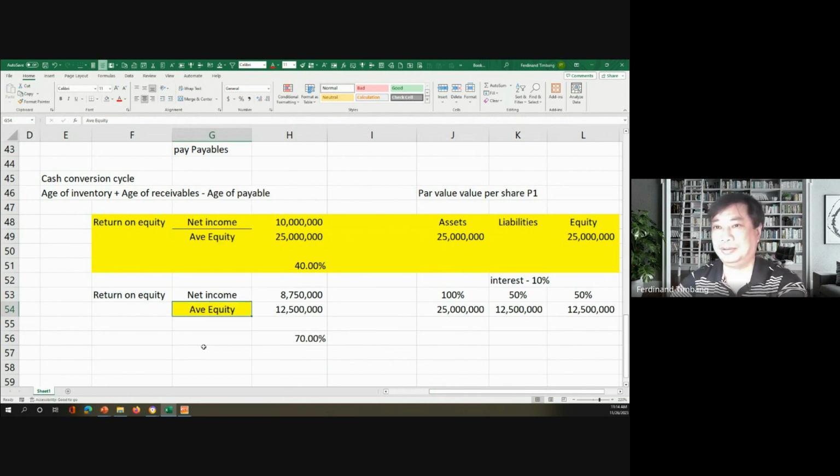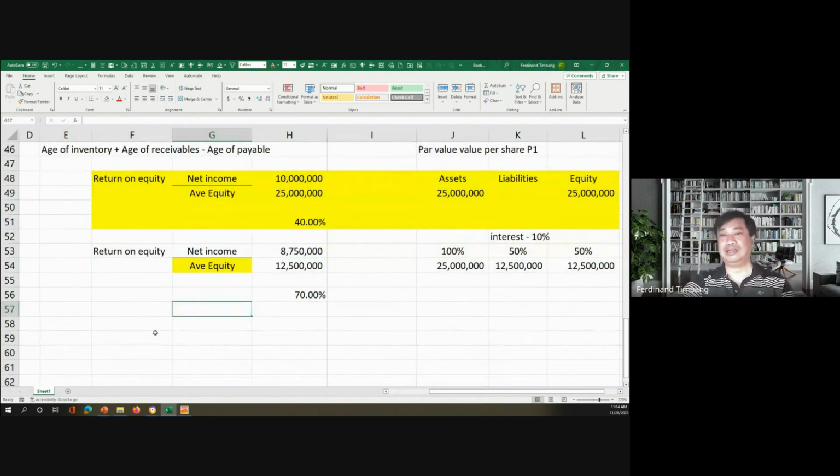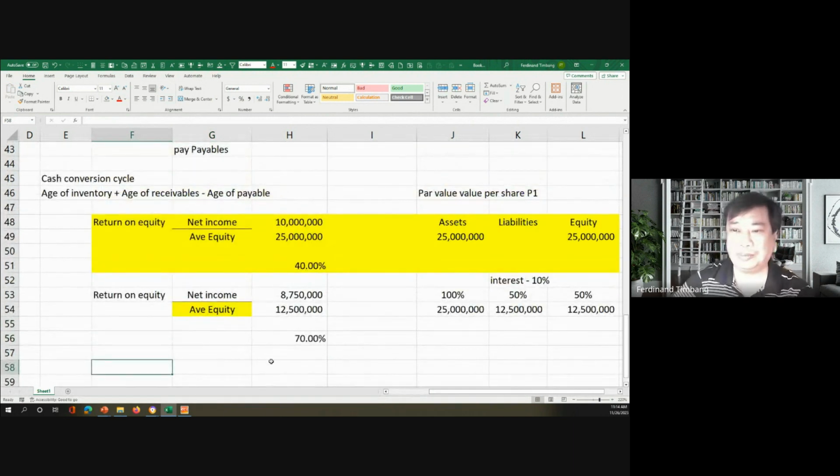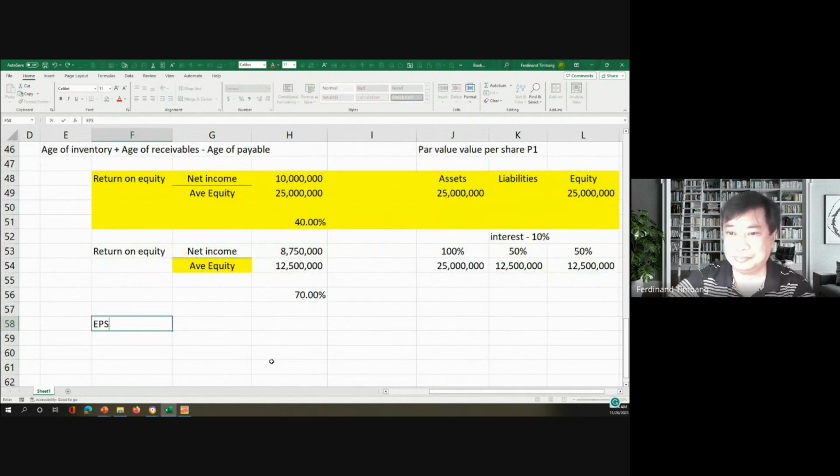Ayan. Ngayon, pagdating sa EPS na tinatawag natin, ibig sabihin ng EPS na yan ay earnings per share. Okay, so ganyan. Which is the formula?